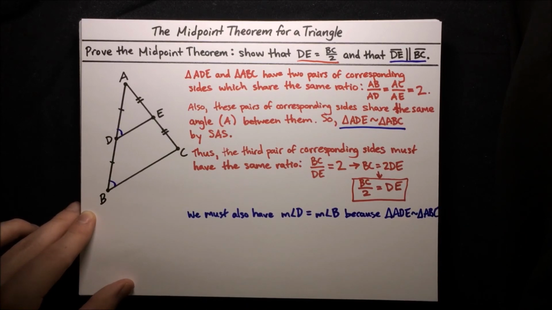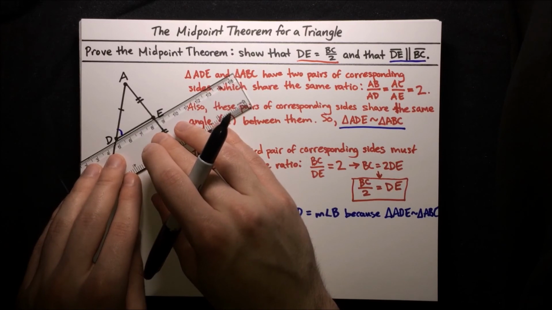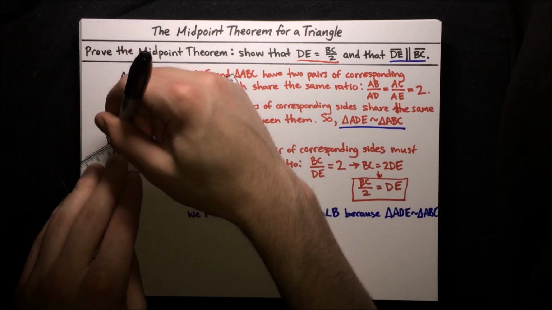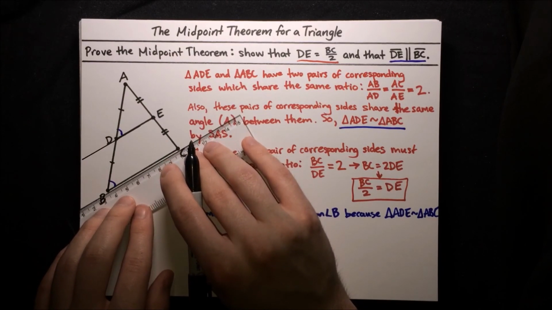So now we can say that interpreting DE and BC as a pair of lines, let's go ahead and draw a little bit through them to make this very clear.